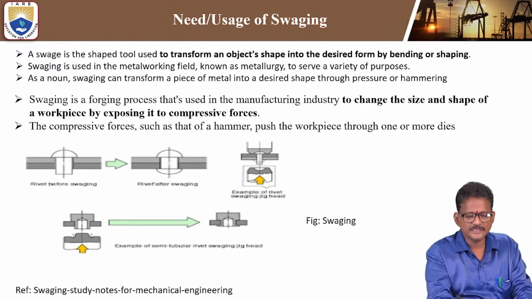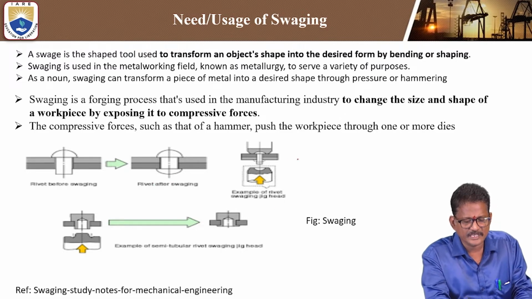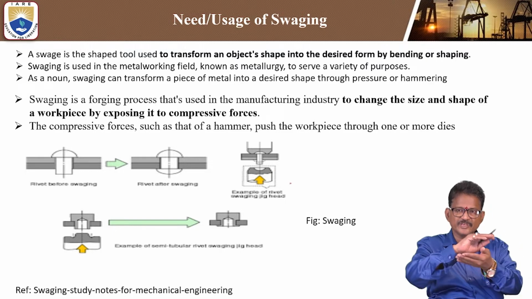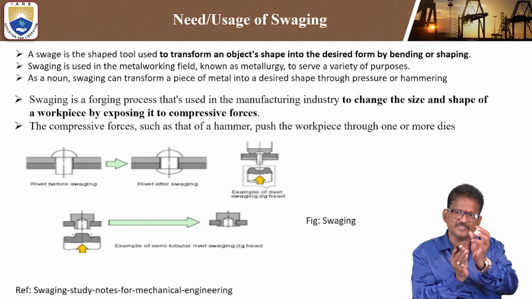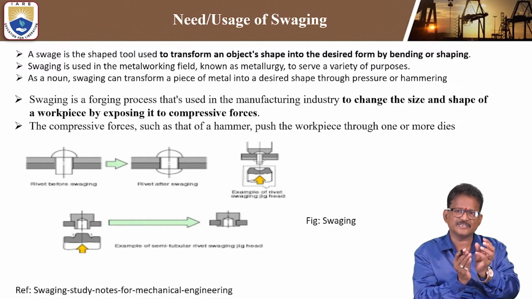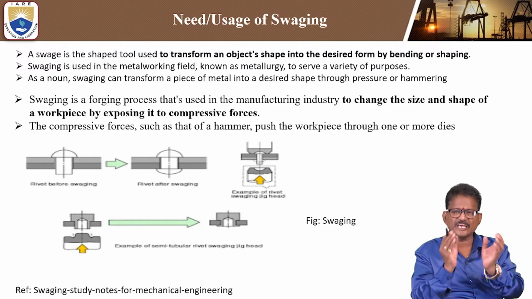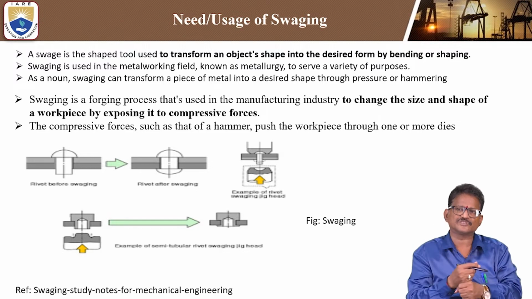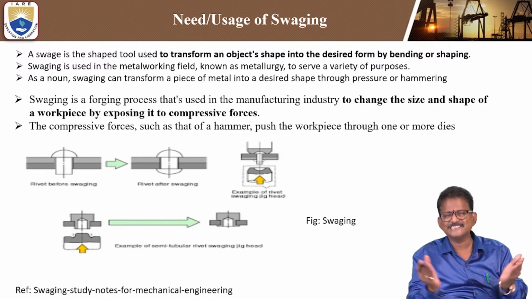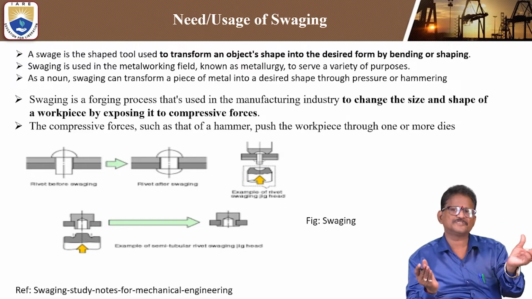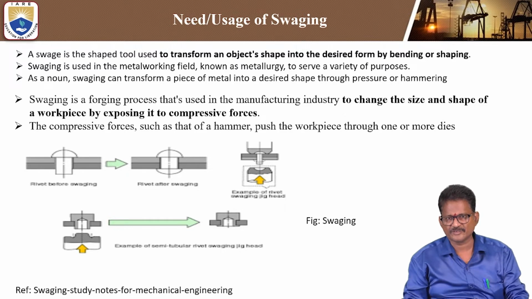And this is an example of how they perform the swaging operation for small changes in shape and size of the workpiece by exposing it to compressive forces. By applying compressive forces, it can change its shape depending upon its die and depending upon the usage of that workpiece.